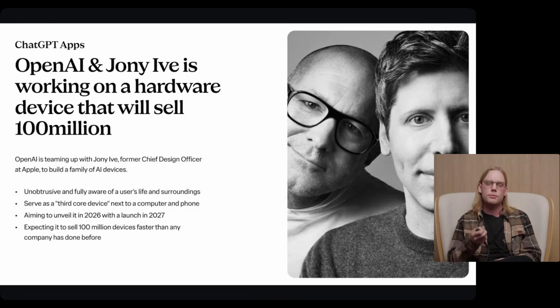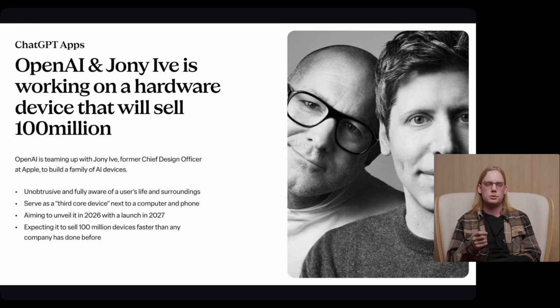They've said that this third core device will be unobtrusive and fully aware of the user's life and surroundings, so that it understands what we're doing, what we have done, and where we're heading. OpenAI has said that they're aiming to unveil the first of these devices in 2026 and launch it in 2027. So it's just around the corner.